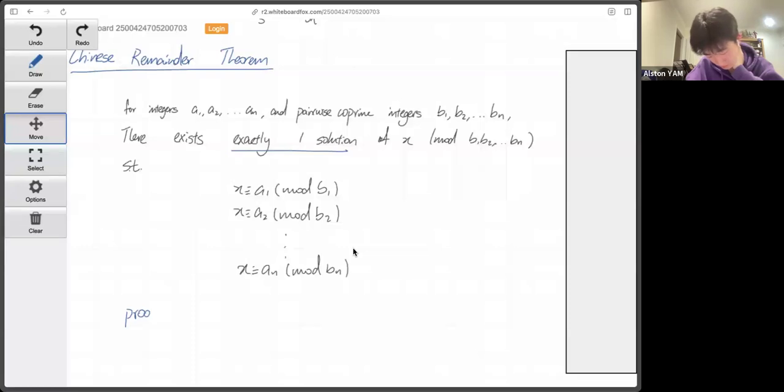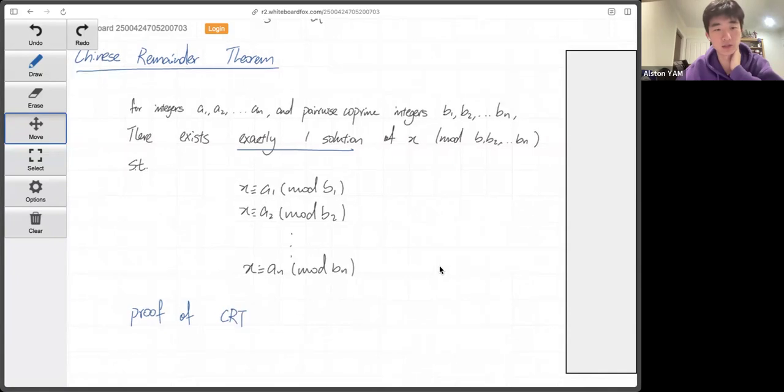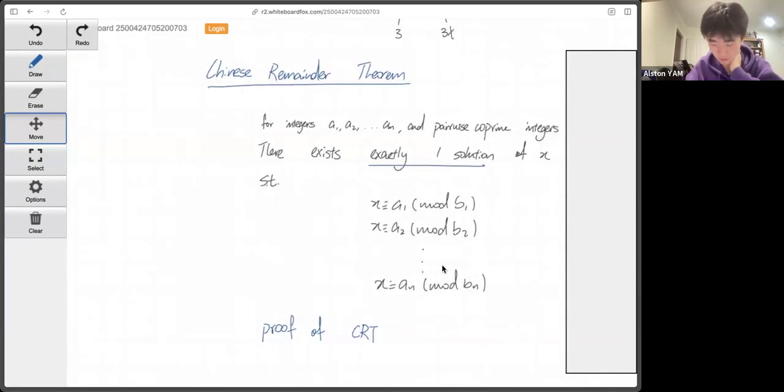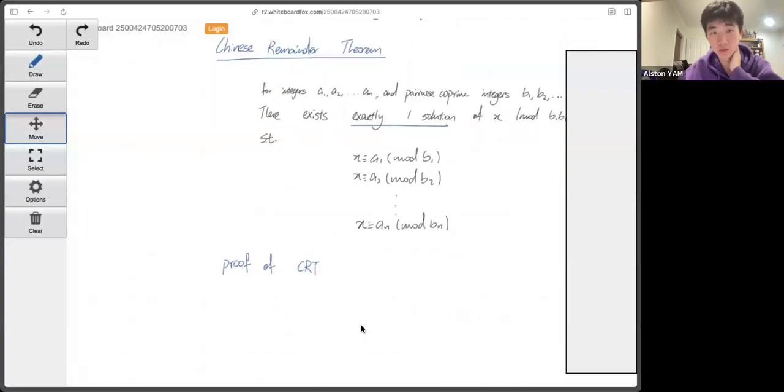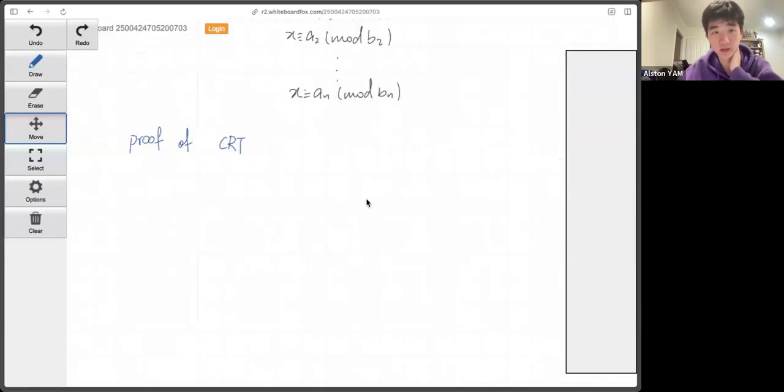Proof of CRT. And CRT is just a shorthand notation for Chinese remainder theorem. We will first prove uniqueness. Let's prove uniqueness.